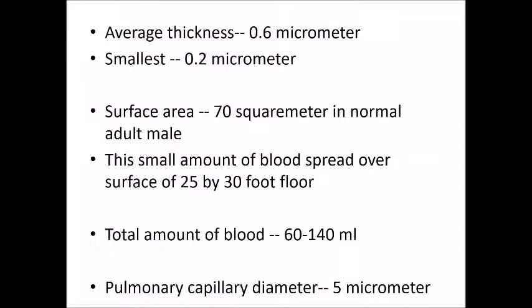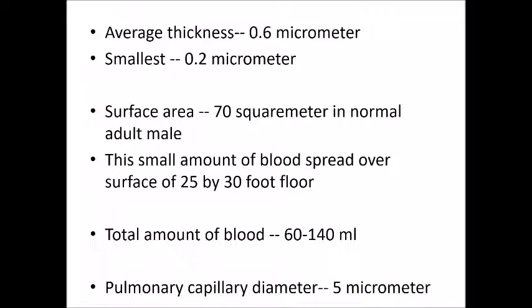Now this respiratory membrane is having average thickness of 0.6 micrometer, and at some places it is even thinner, with 0.2 micrometer thickness. You will be amazed, the surface area is large, 70 square meter in normal adult male.